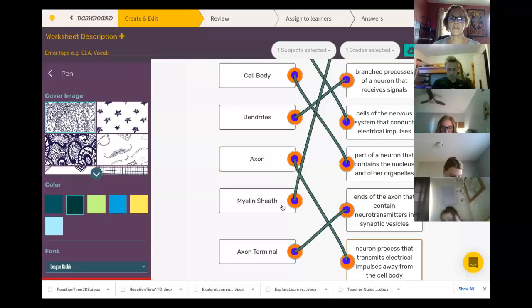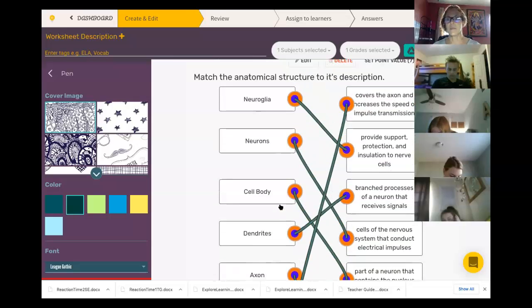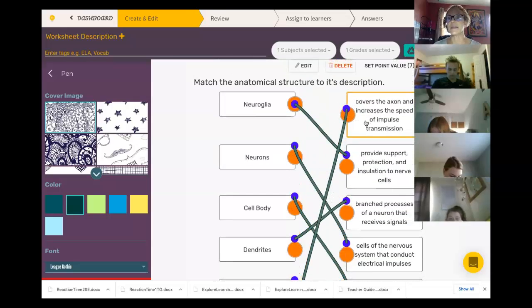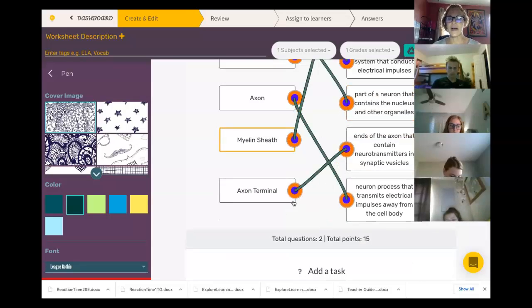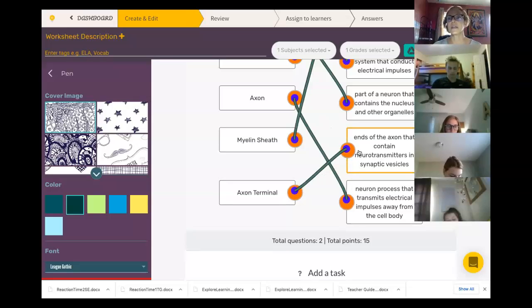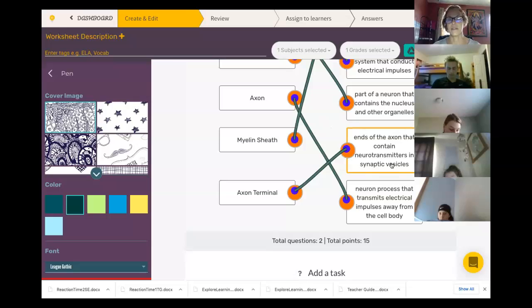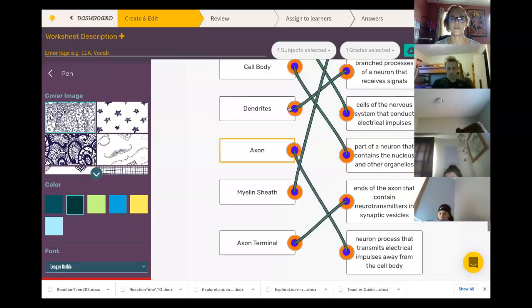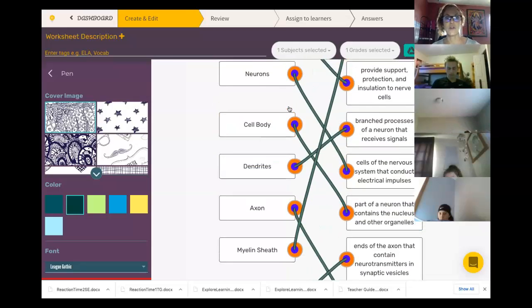The axon is covered by a myelin sheath that protects it as well as speeds up the neural transmission. And then finally, at the end of the axon, you have the axon terminal. Terminal means end. This is where you connect with synapses, release neurotransmitters like acetylcholine into the synaptic cleft. And that is the anatomy, basically, of the neuron.